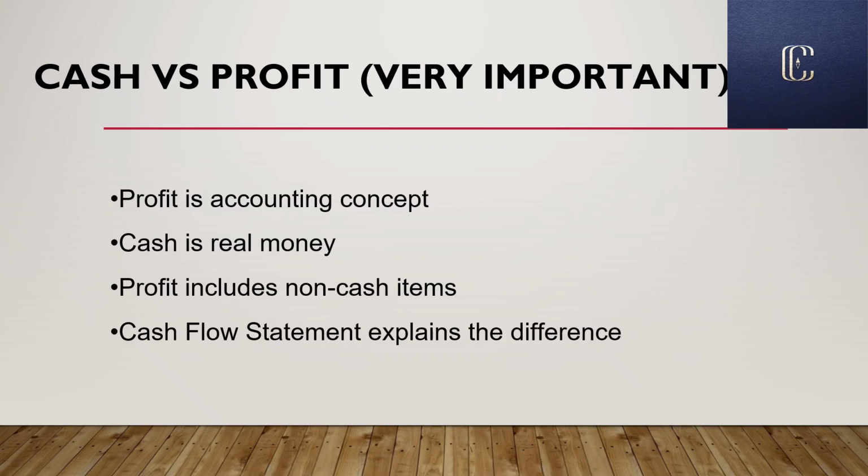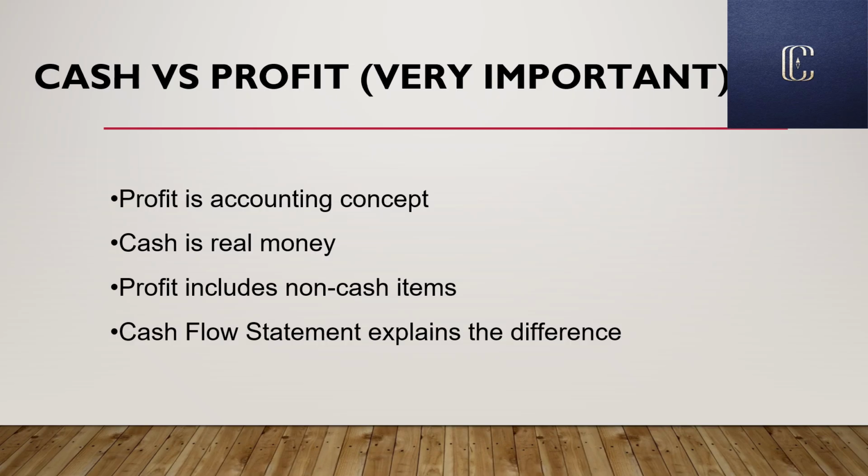The fourth one is cash flow statement explains the difference. Cash flow statement acts like a bridge between profit and cash. It answers why is profit high but cash low?